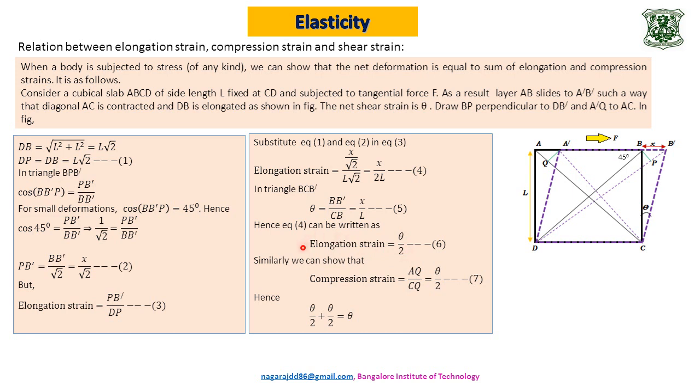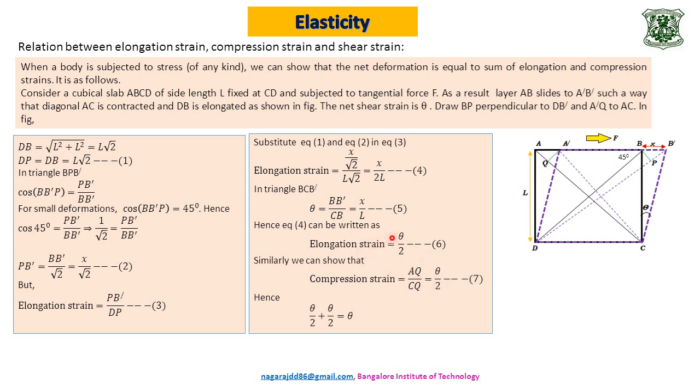See here, I calculated elongation strain by considering DP and DB dash. Similarly, you consider AC, A dash C and this perpendicular. There you will get what is known as compression strain, and that also comes out to be theta by 2. So you can directly write it as theta by 2.